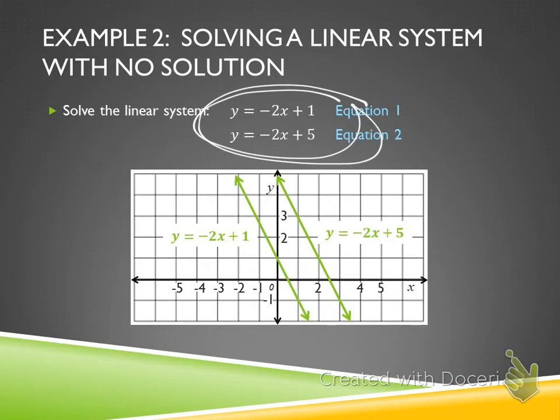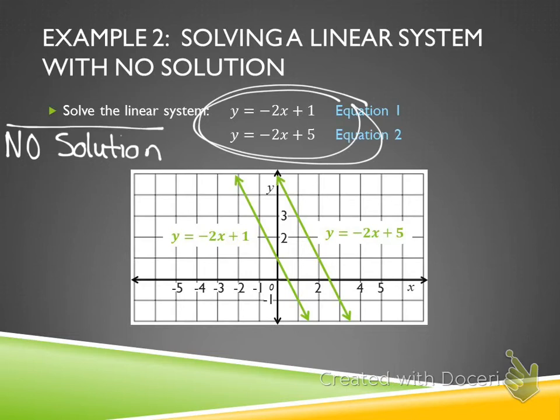They have the same exact slope. Now I know from previous lessons that equations that have the same slope form parallel lines, right? So if they're parallel lines, as you can see in the graph, will they ever intersect? No. And since they'll never intersect, anytime I have a system of equations that form parallel lines, I will have no solution. No solution.